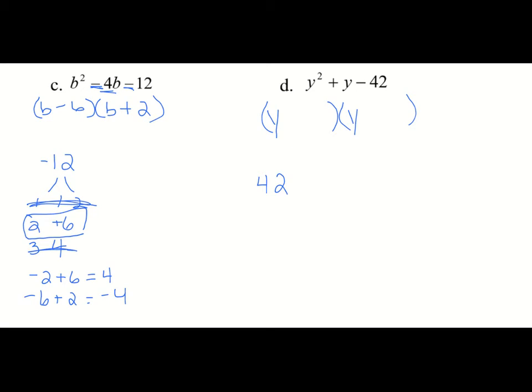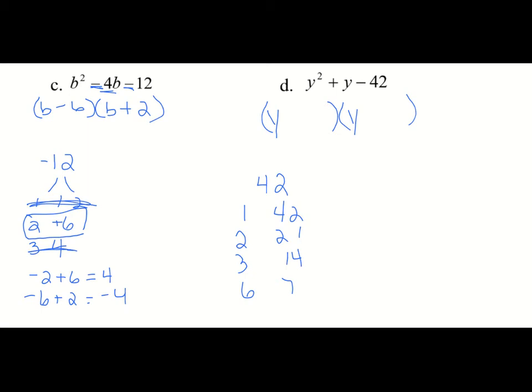So for 42, I know I can do 1 and 42. I can do 2 and 21. I can do 3 and 14. And then 6 and 7.